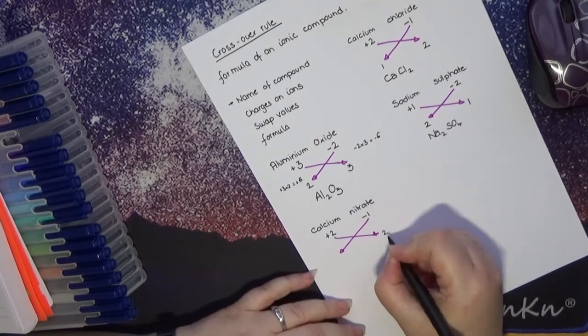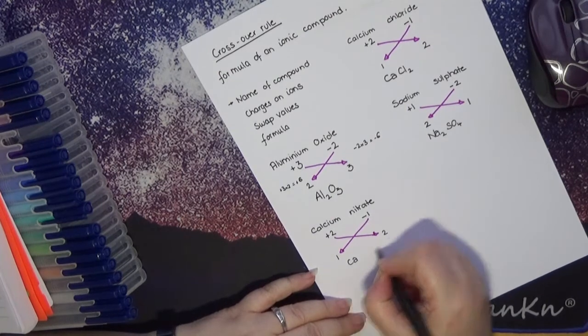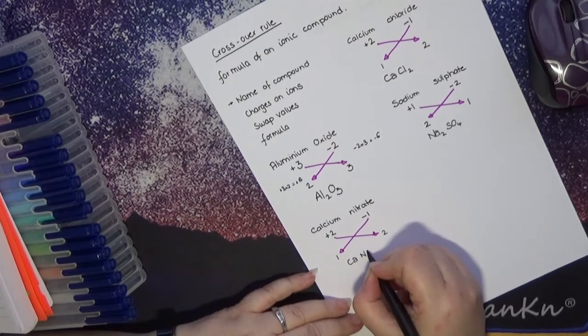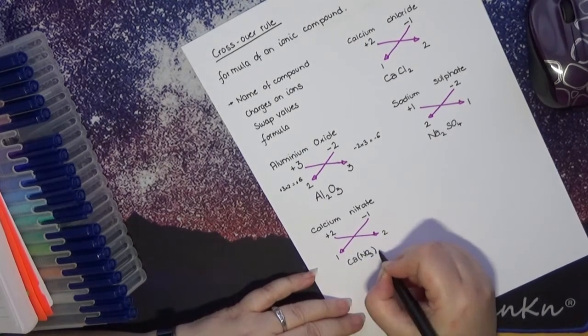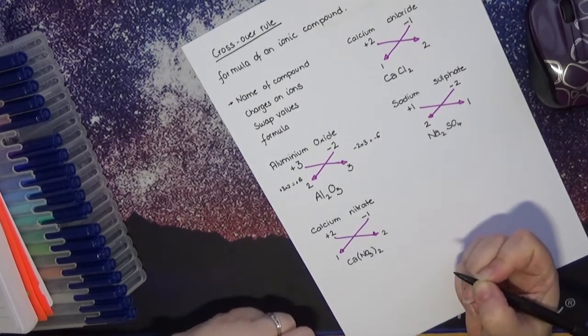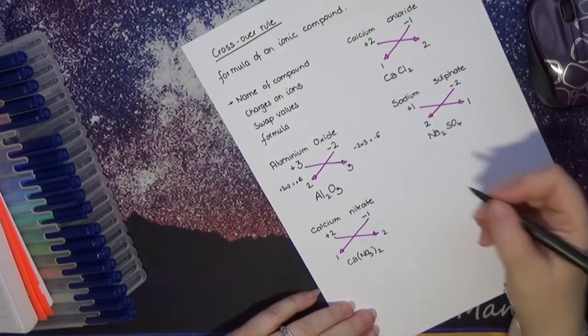So I've got a 2 and a 1, so it becomes Ca, imaginary 1 again, and I need 2 lots of nitrate, so NO3, and there are 2 of them, so I put brackets around to show that the compound ion stays together, and there are 2 of those.